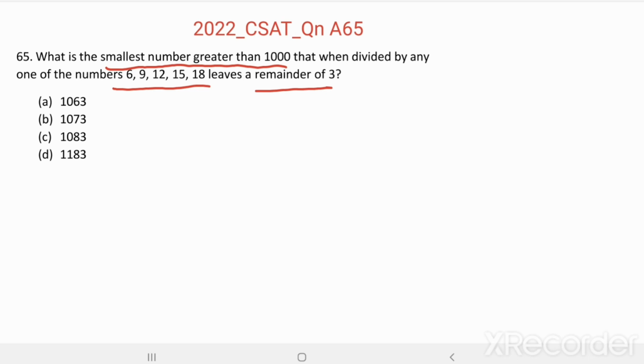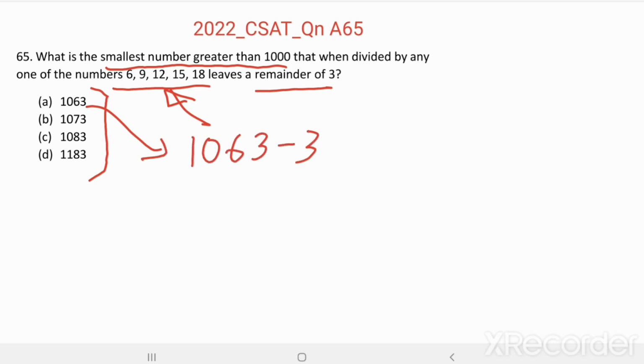Deducting 3 from these options, we get a number which is divisible by all these numbers. So let us see the first option, 1063. When deducting 3, we should get a number which is divisible by all these numbers. If it is not divisible, then we can eliminate this option.